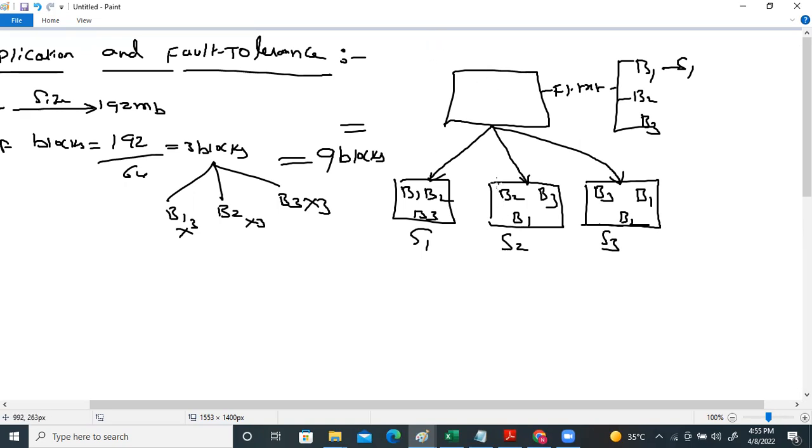B1, B2, B1, B2, B3. Okay, see this 9 blocks are distributed across these 3 slaves, right?